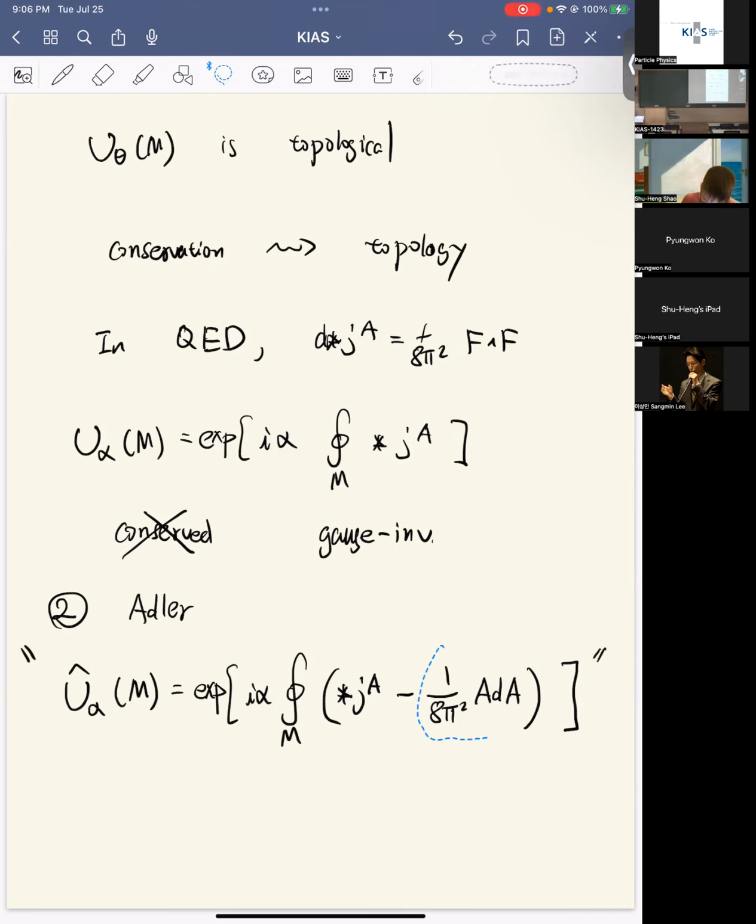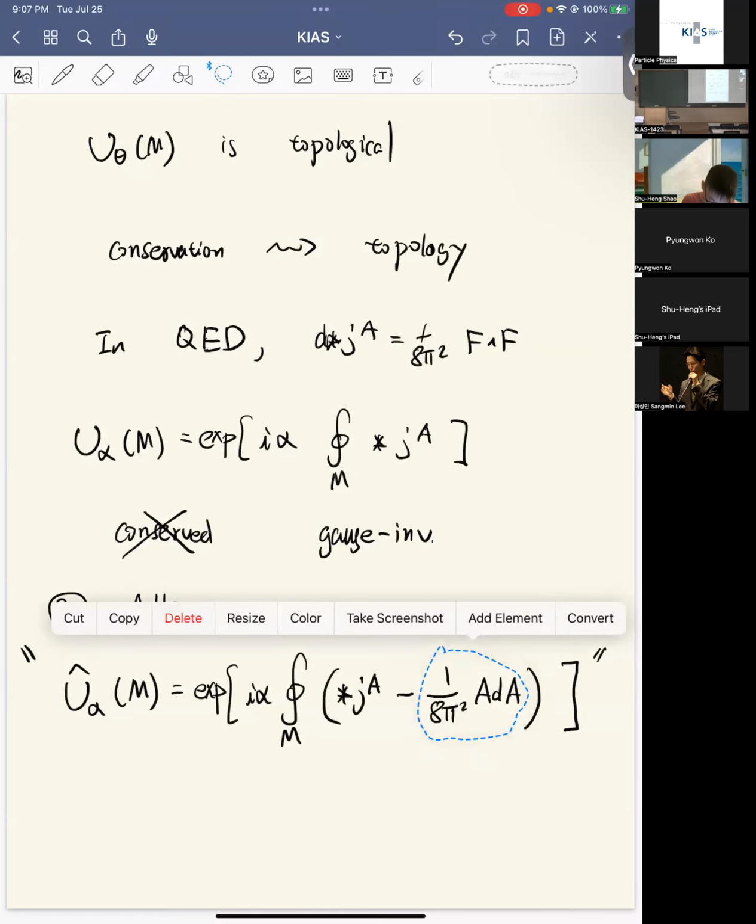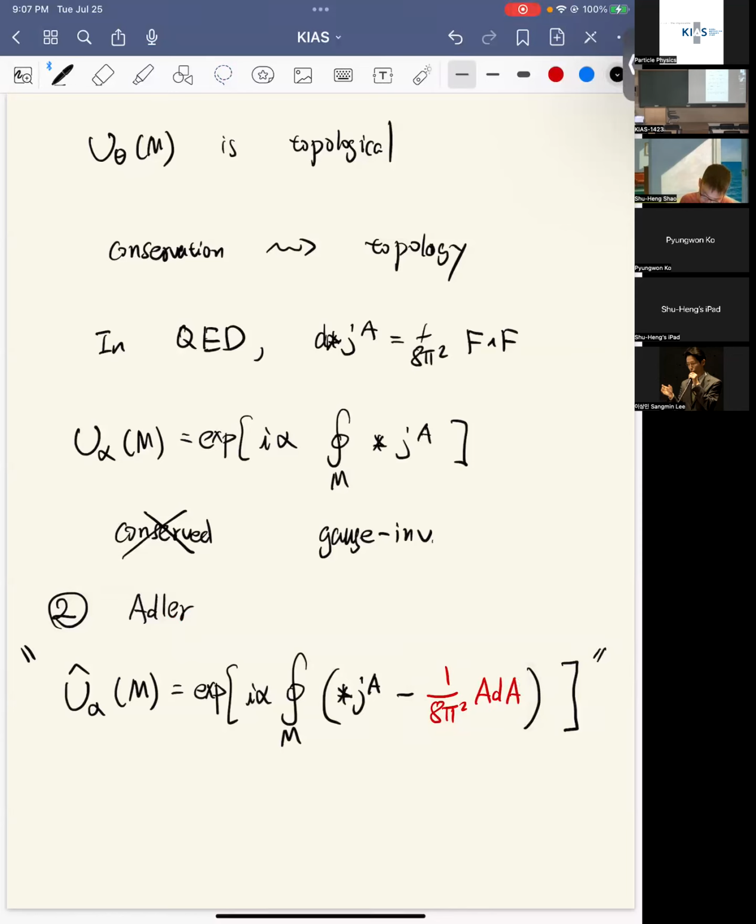Actually, let me make it a different color because this term will be important later on. The AdA in components is epsilon^{mu nu rho sigma} A_nu d_rho A_sigma. So that gives you A_mu d_nu A_rho dx^mu dx^nu dx^rho. So that makes up a 3-form.